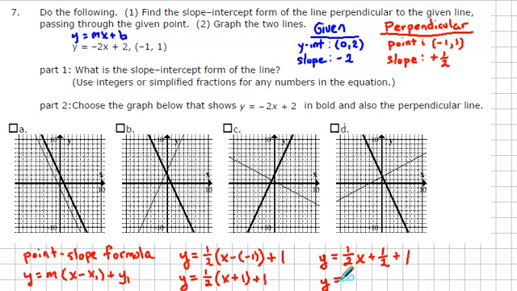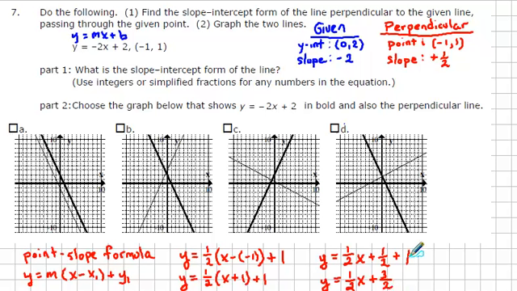So y is equal to 1/2 x plus 1/2 plus 1 is 1.5. Or if we write that as a simplified fraction, it would be 3/2.